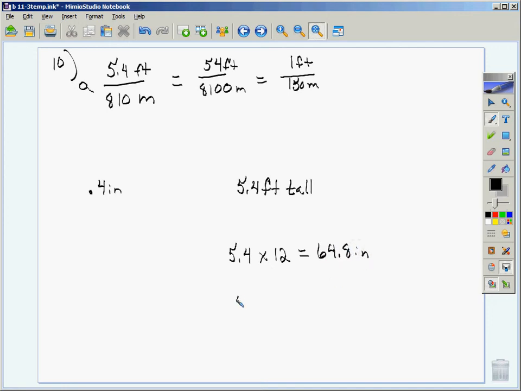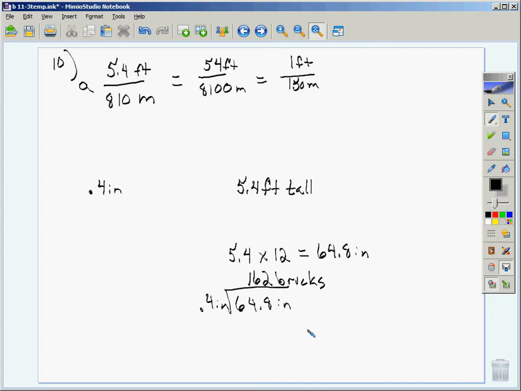And if it's 64.8 inches tall, and I'm going by 4/10 of an inch, I'm going to divide that by 0.4, and I'm going to find out that it is 162 tiny little bricks tall.